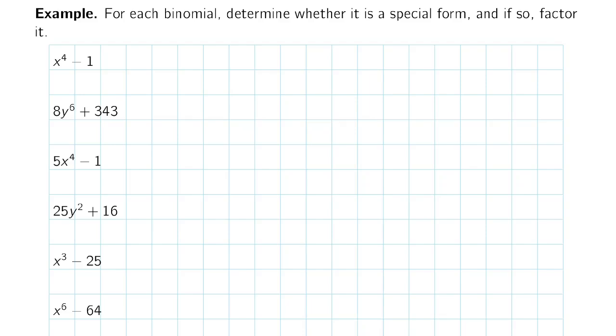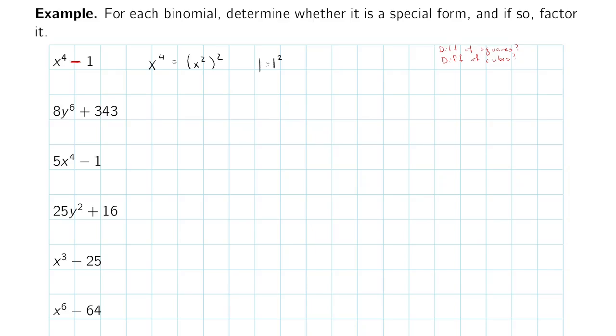So in this first example, we have subtraction. So I could be looking for a difference of squares or a difference of cubes. And looking at my terms, I see that x to the 4th is x squared squared. And of course, 1 is easy. 1 to any power is 1. So I can say that 1 squared is what I get from 1.